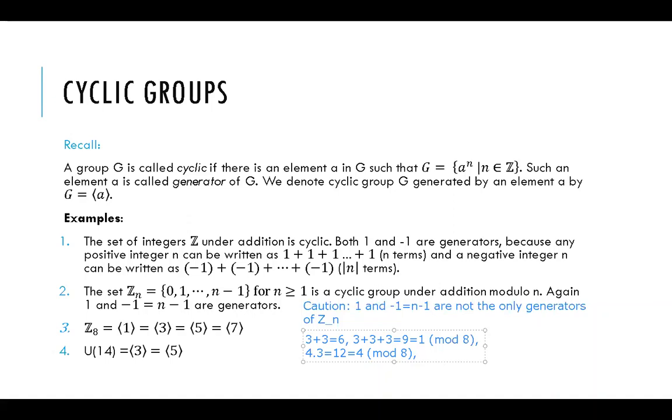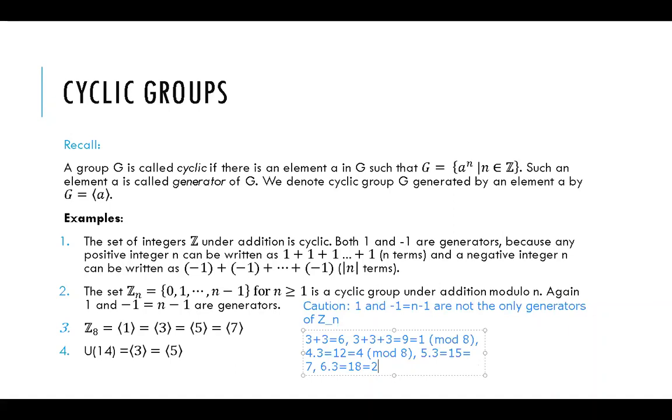Now what else? We have 5 times 3, that is 15, which is congruent to 7. Then 6 times 3, that is 18, and it is congruent to 2. And so how many elements are left now? 1, 2, 3, 4, and we have 6 and 7.